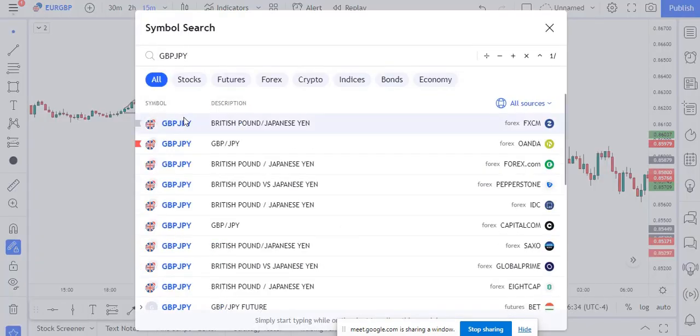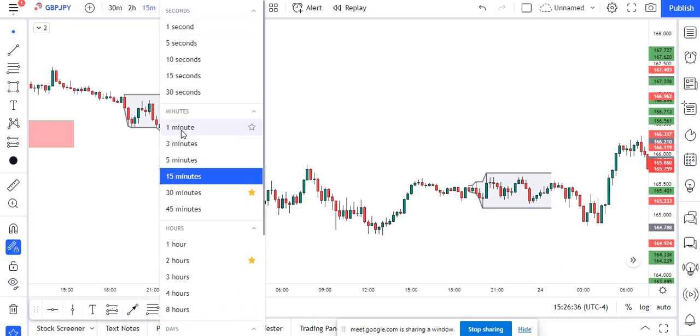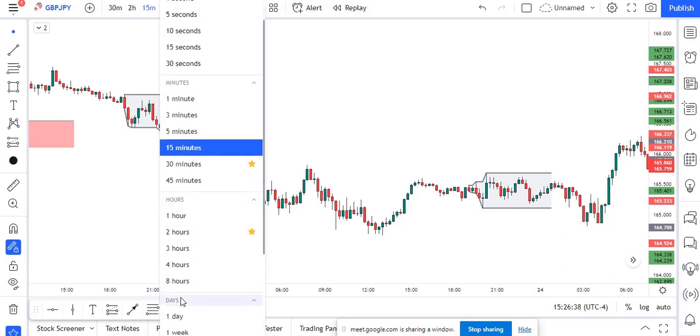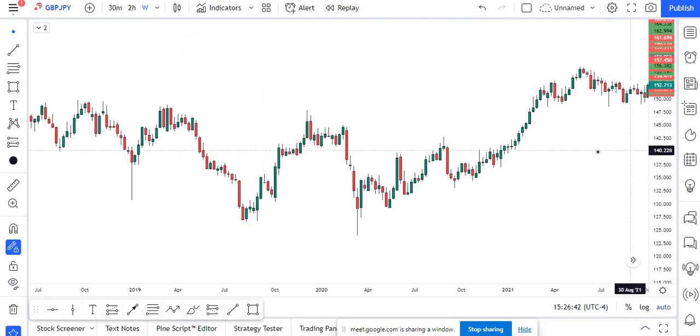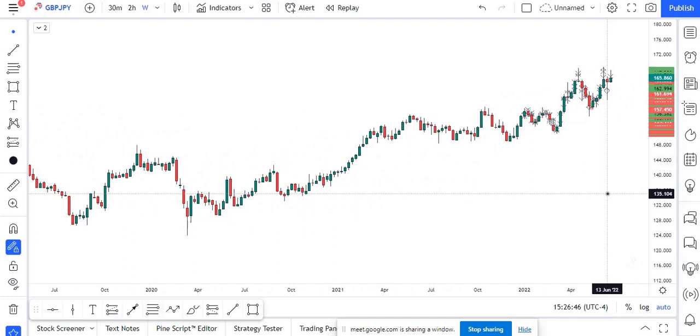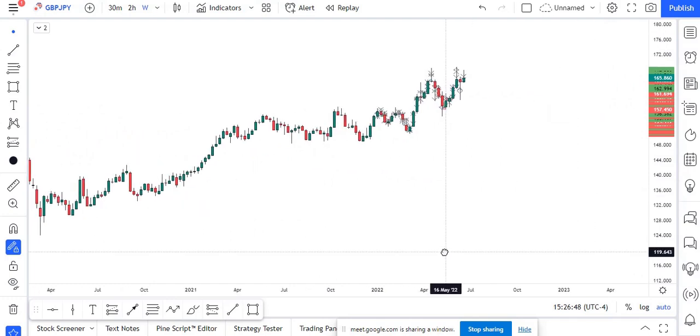When Jay was explaining multiple confluences, I noticed that, and I want to explain that as well.